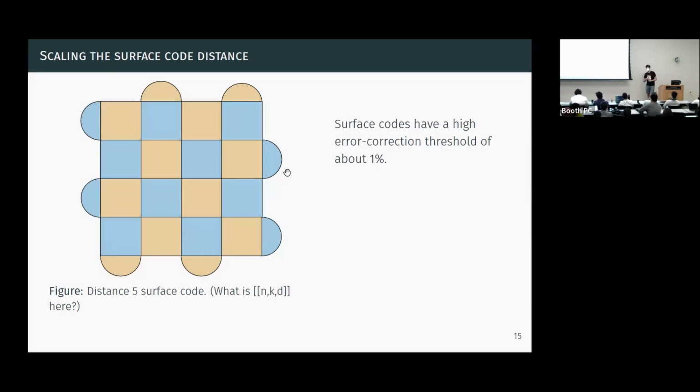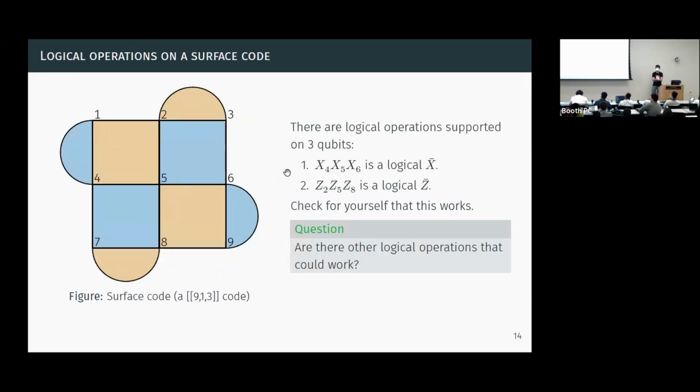All right, you had a question? Yeah, so there are some qubits that are unchanged by the logical operation. I guess the reason is that the logical information is encoded in some kind of global superposition.